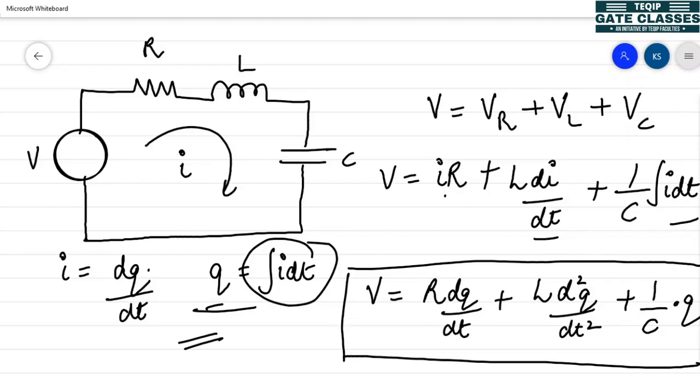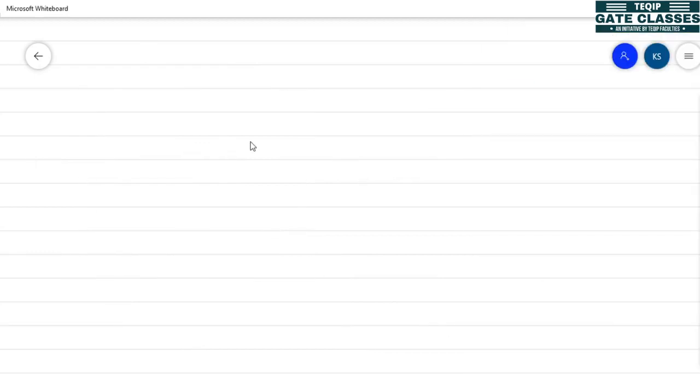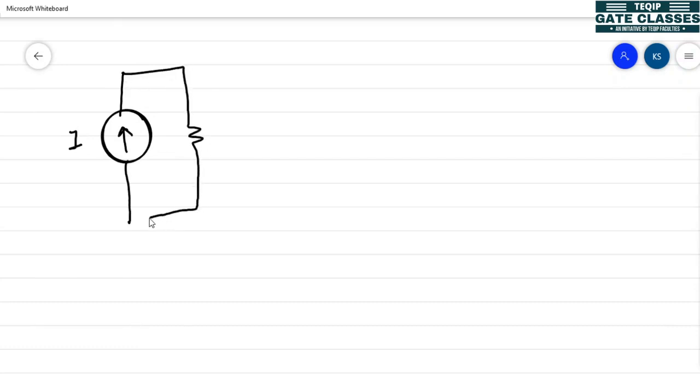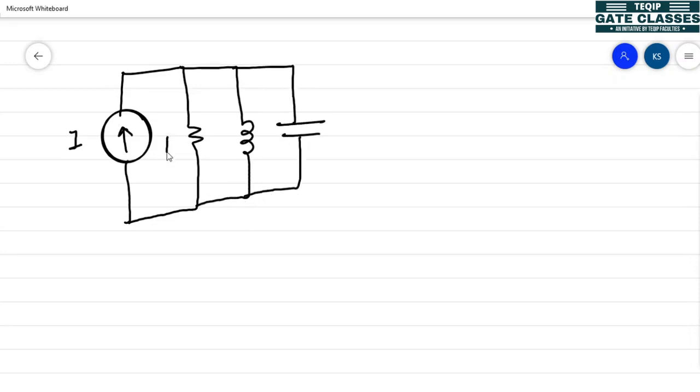Now let us take a case of a parallel RLC network. So now I have taken a current source I, which is driving current into a parallel RLC network. So we apply KCL at this node. The current is divided into three parts, I1, I2 and I3 here.